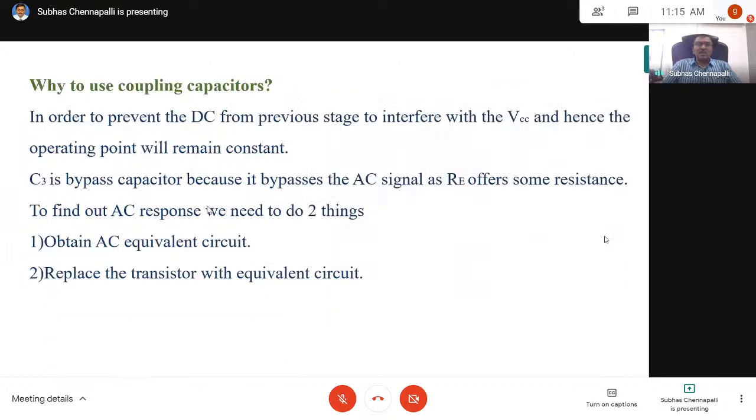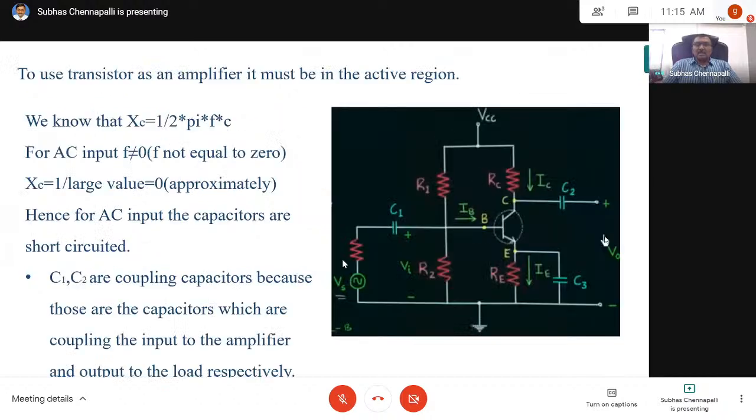That's what I was telling, like coupling capacitors, bypass capacitors, all these things. What you have to do here for AC analysis: first you take the AC equivalent circuit, then you replace the transistor with its low frequency model, whether it is the H parameter model, re model, or pi model, whichever. We'll see all three.